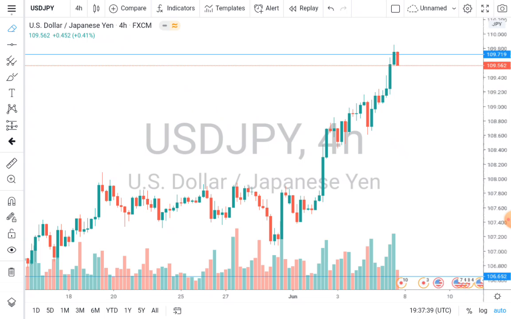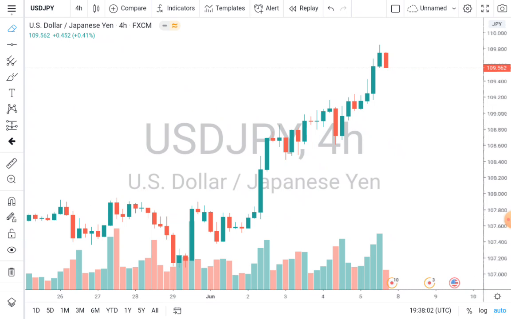Now we are at H4, and we see this red momentum candlestick that shows so much selling pressure, and that can actually be our confirmation.